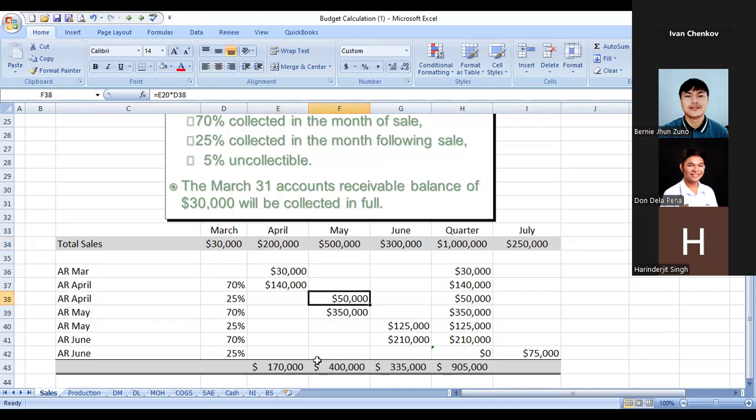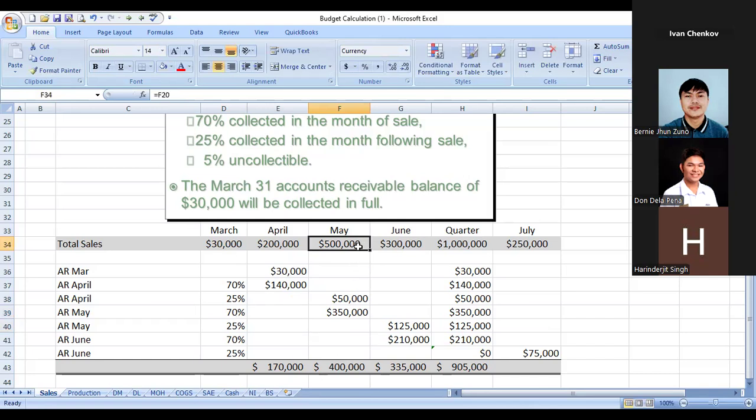What's going to happen next month? Next month, in May, first, we're going to collect the 25% left from the April sales. Remember, the 5% we're never going to collect. Plus, we're going to collect the 70% of our May sales.